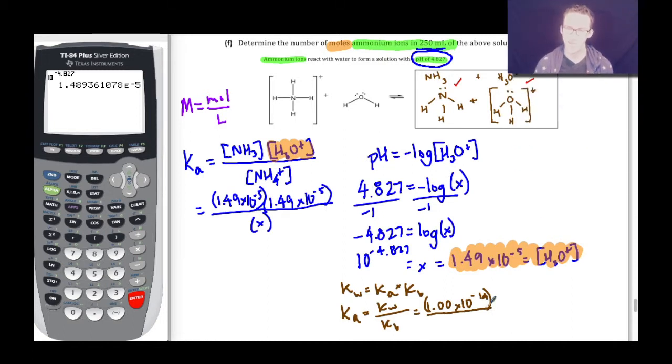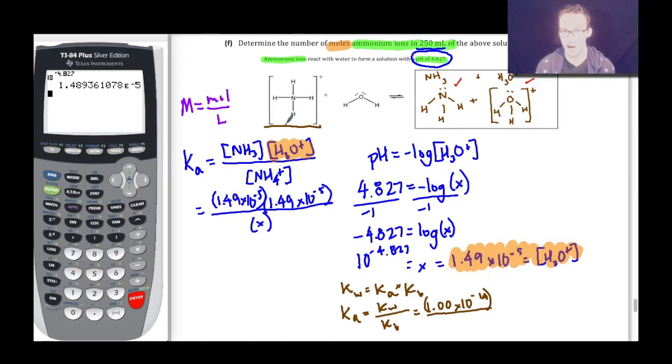But what is Kb? Where do I get that information? We have to remember that this relationship in Kw here is telling us the relationship between the equilibrium constant of the acid and its conjugate base. So our acid is the ammonium ion.